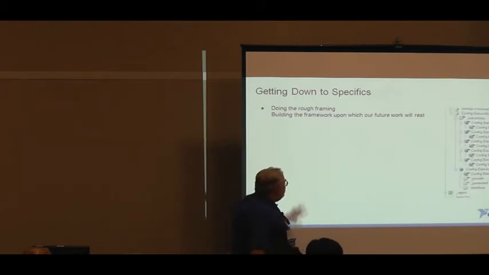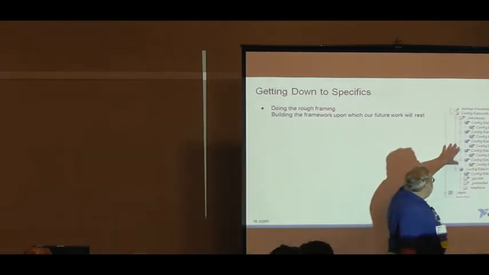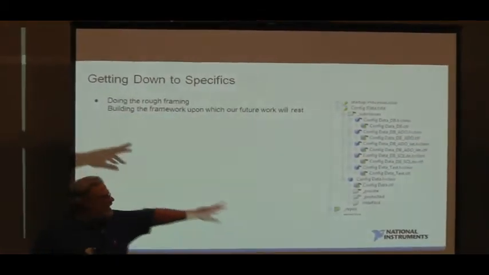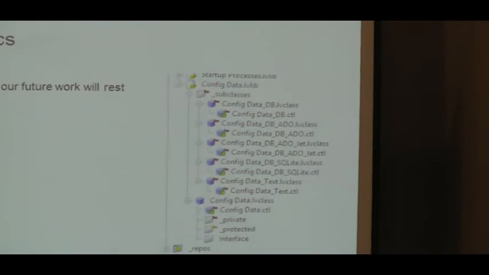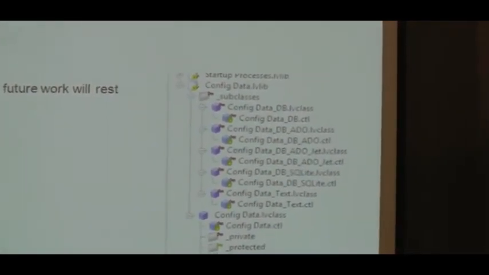In the case of what we're doing here, our rough framing is creating the classes that we're going to use. And the information to do this, I pulled directly off that table we created before.